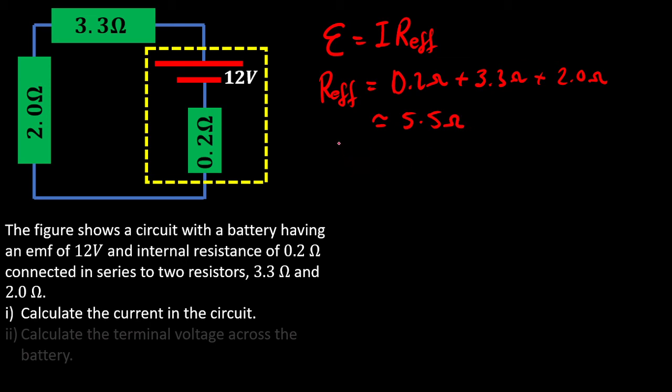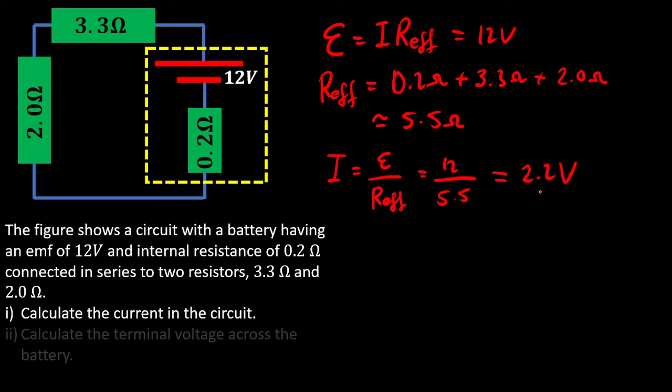Once we have that, I know epsilon is equal to 12 volts. I can rearrange that and calculate the current, which is current equals epsilon over R effective. That is 12 over 5.5, which gives me an answer of 2.2 amps. So I equals 2.2 amps.